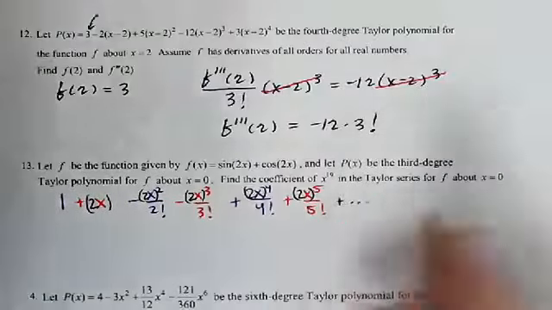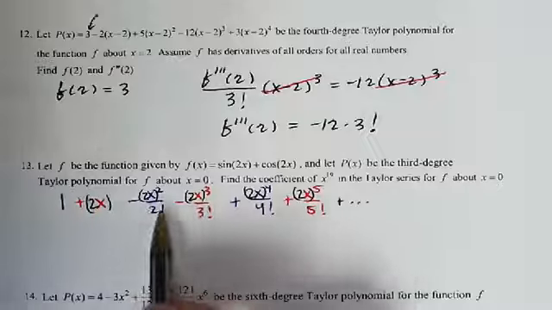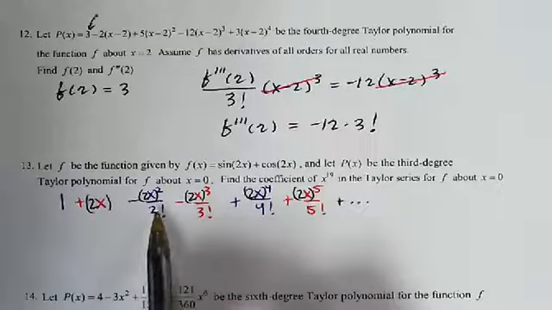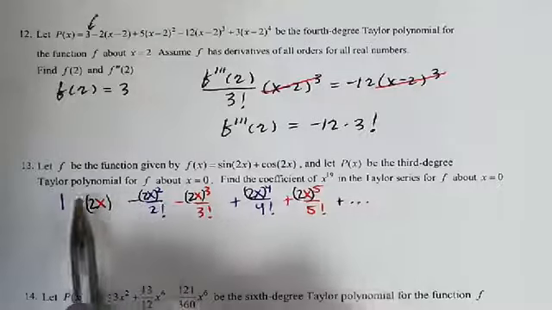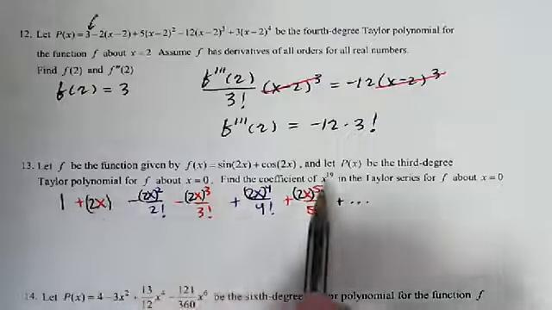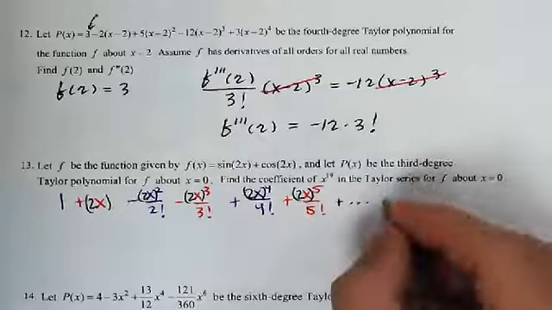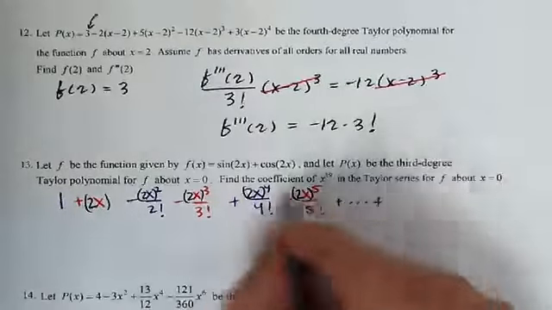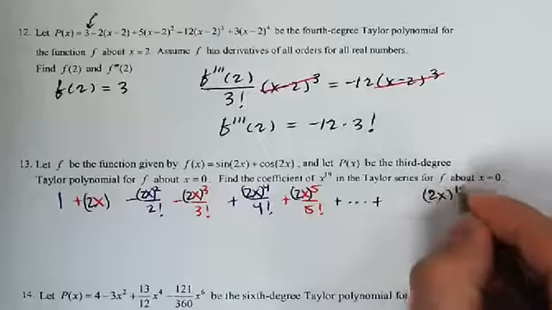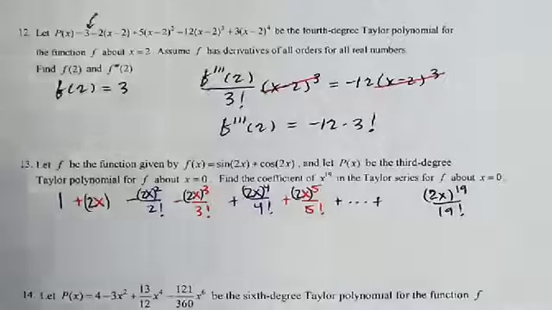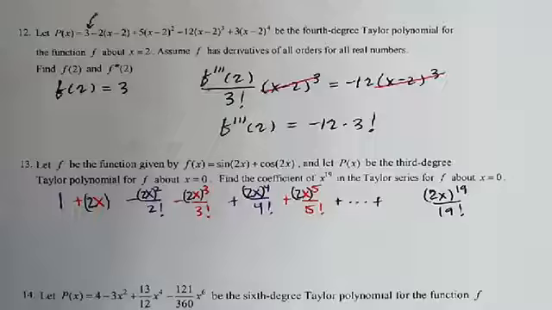Okay. And what's going to happen is that the signs are going to be positive, positive, negative, negative, positive, positive, negative, negative. So pretty much it's going to end up being either positive 2x taken to the 19th divided by 19 factorial, or it's going to be negative. And so what I've got to figure out is, am I going to have positive, positive when I do 18, 19, or is it going to be negative, negative?